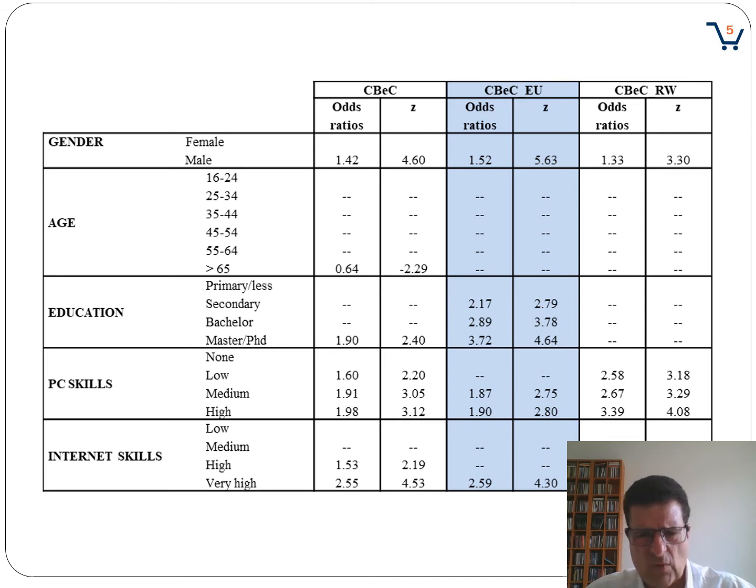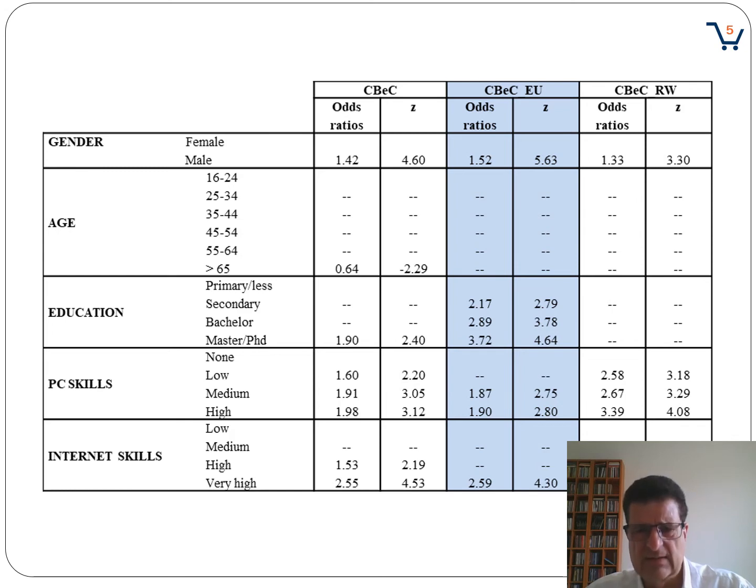All the other ratios are above 1, as you see, and the last one is around 2, which is highly significant due to this Z coefficient, which is similar to the T coefficient.